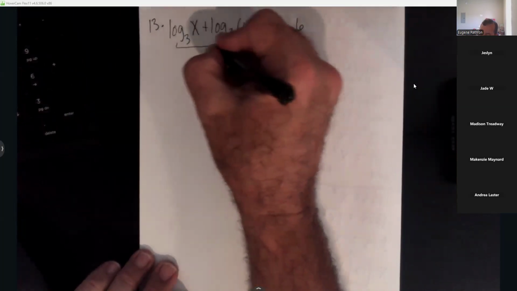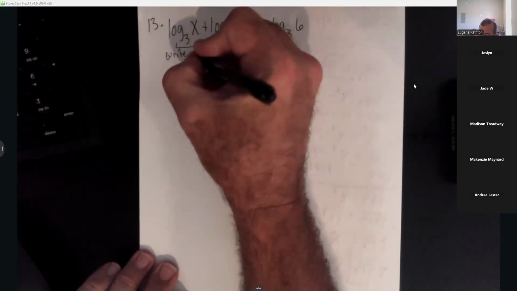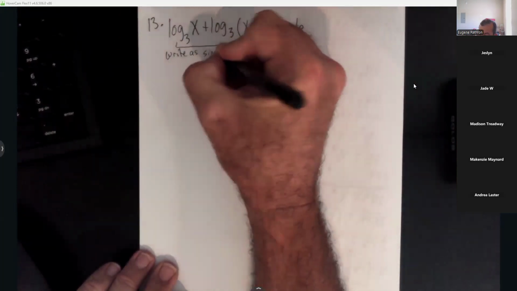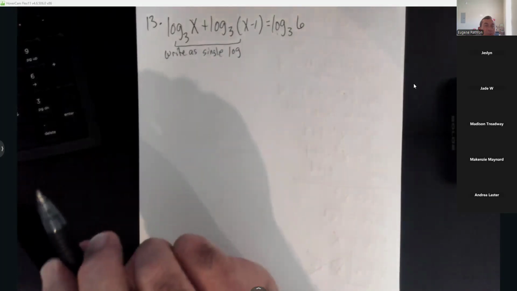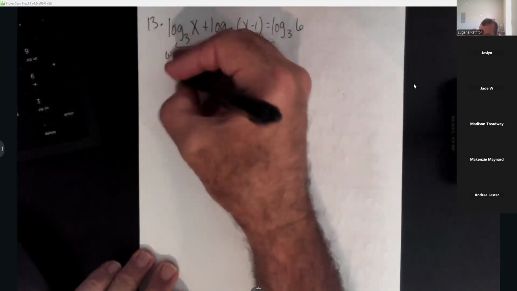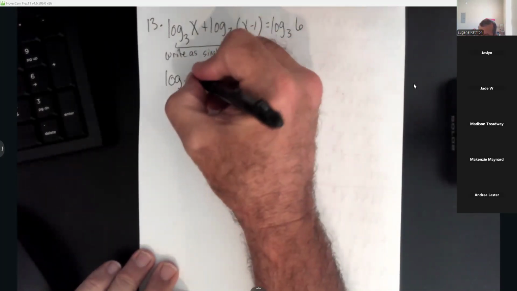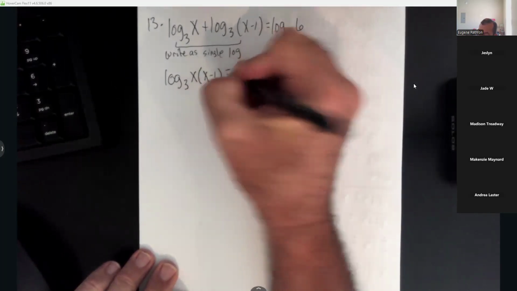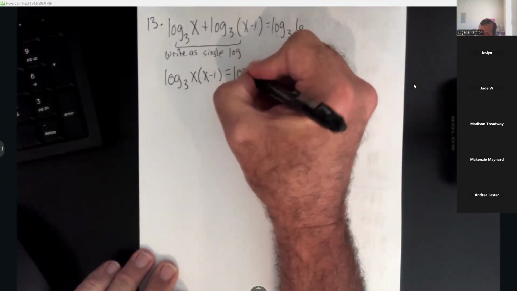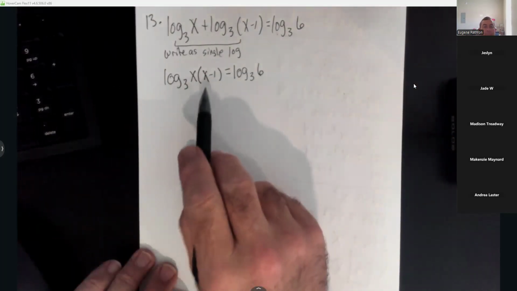But you're going to start out writing the left side as a single log. And since they're being added, we'll do this as a product. So bring out that log base 3, and it'll be x times x minus 1. That's going to equal the right side, which is log base 3 of 6.